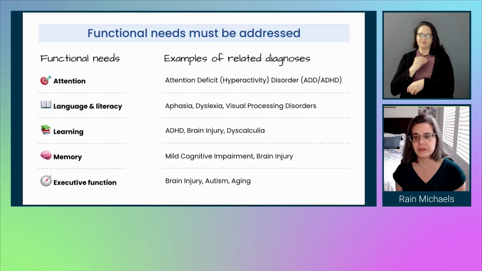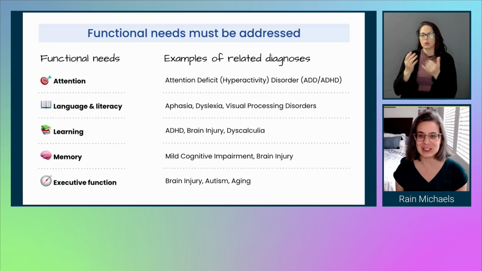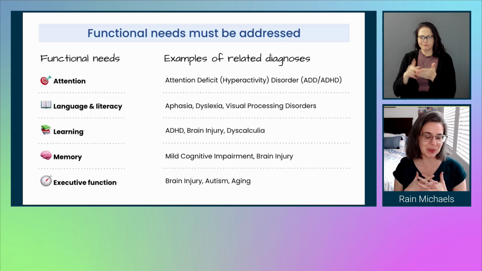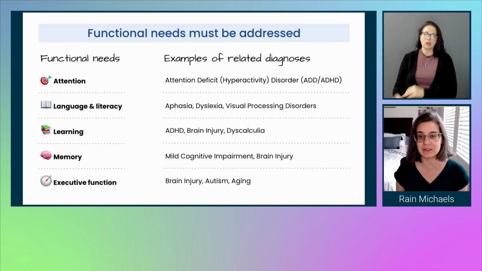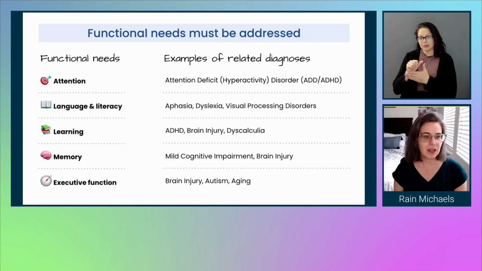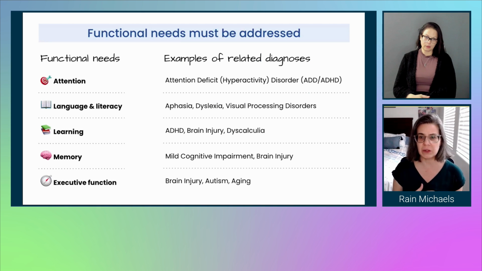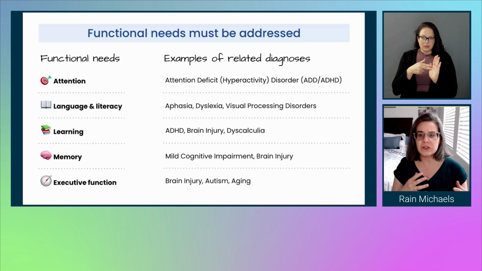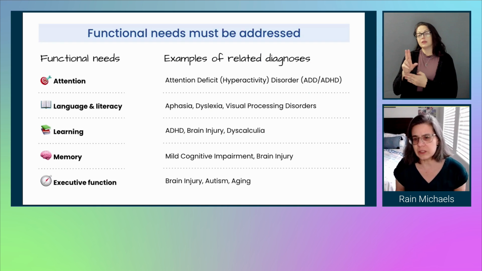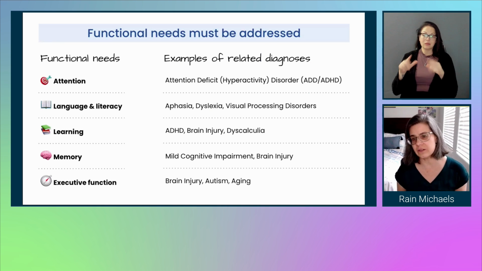So now let's think a little bit about what that actually means. Individuals who have cognitive disabilities and differences may have some challenges with certain functional needs. And we're calling them functional needs as opposed to diagnoses because there's no real universal language to categorize cognitive disabilities.